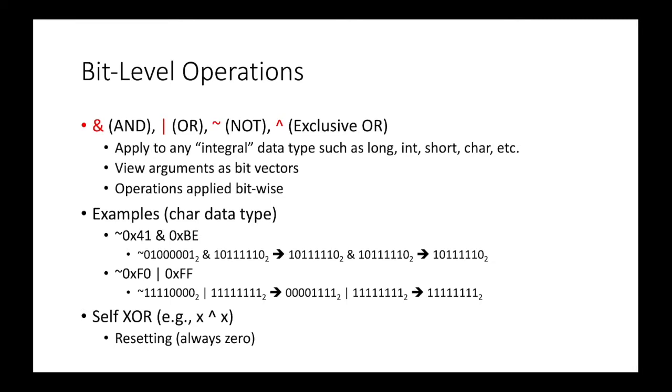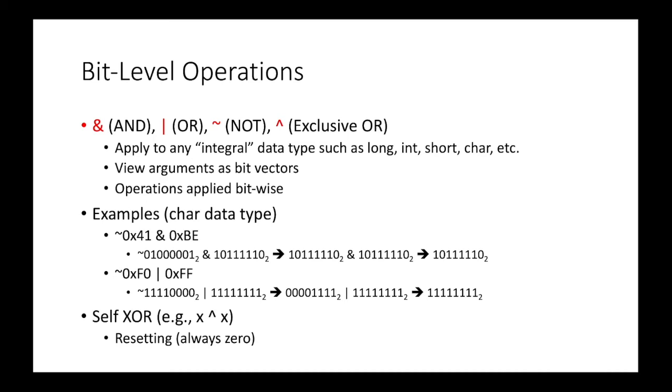Let's talk about bit-level operations. These operations apply to any integral data type such as long, int, short, char, etc., and view arguments as bit vectors. We have bit-level AND, OR, NOT, and exclusive OR.